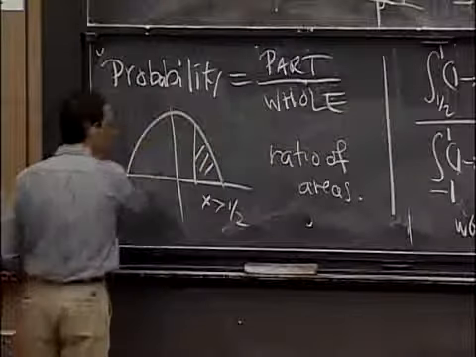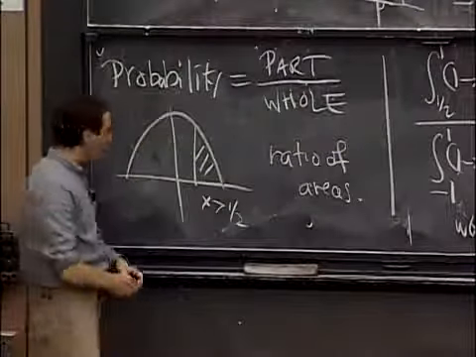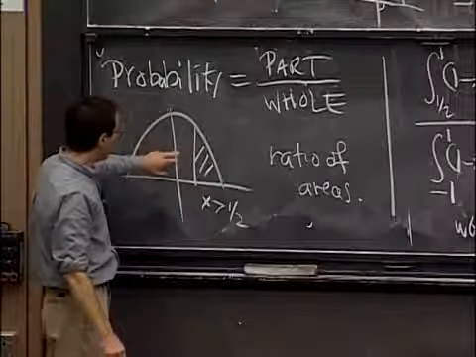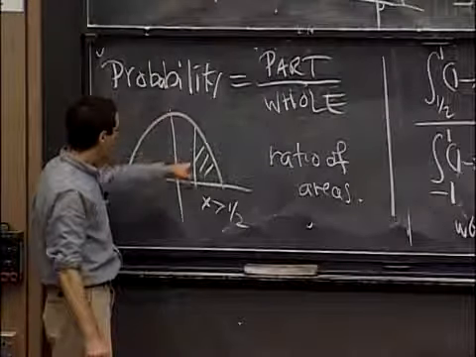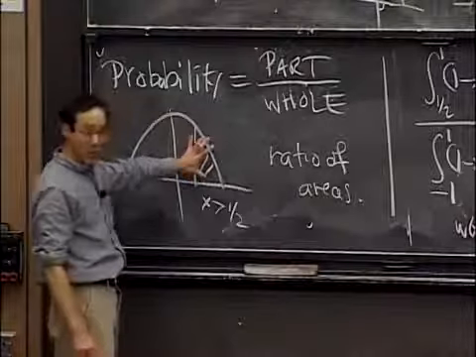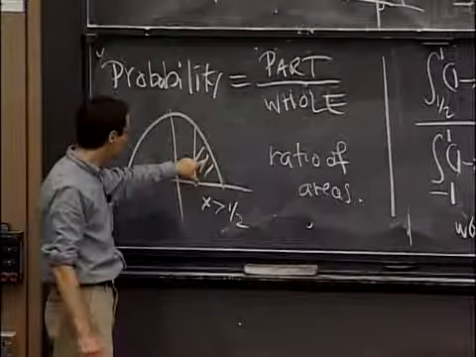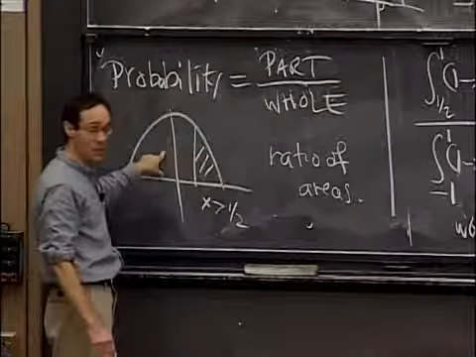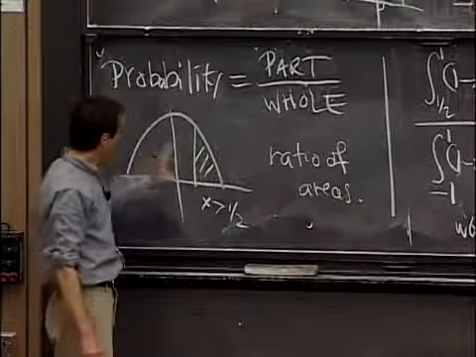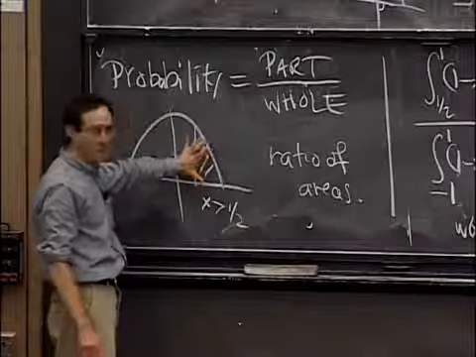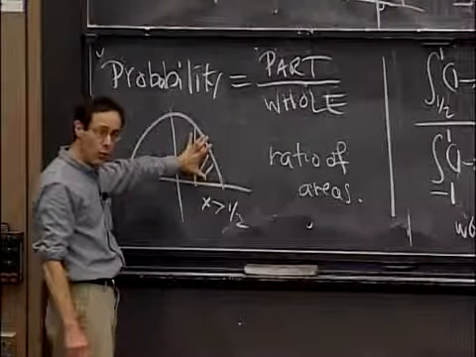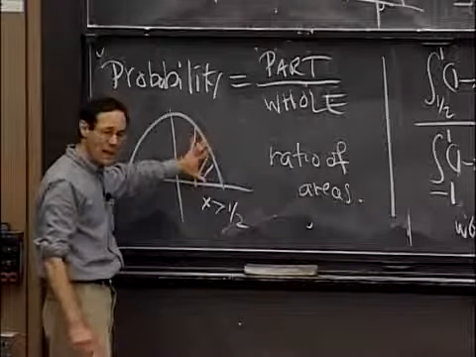Somebody picks a point in here at random, and we're trying to figure out what your chances are of winning. In other words, the chances that the person picks something in here versus something in there. So what percent of the time do you win? The answer is it's some fraction of 1.